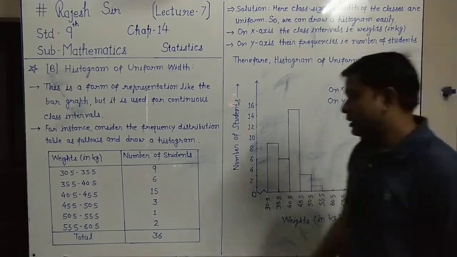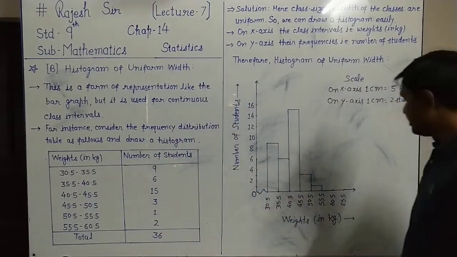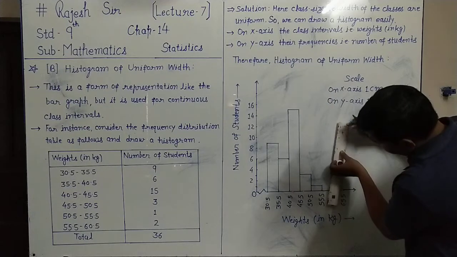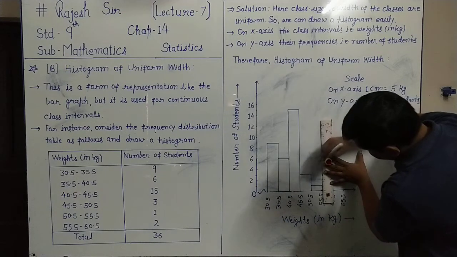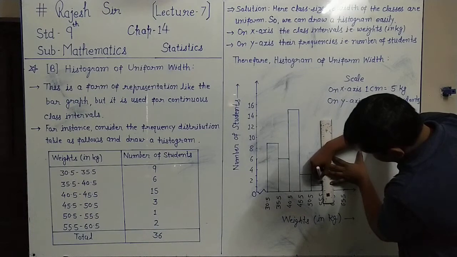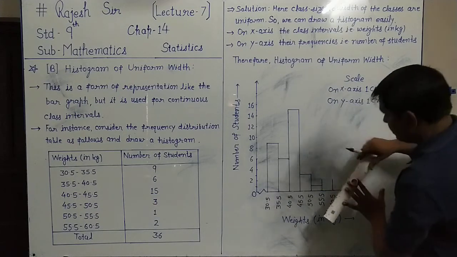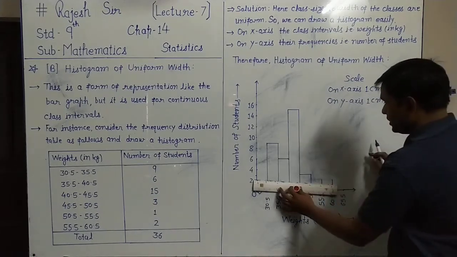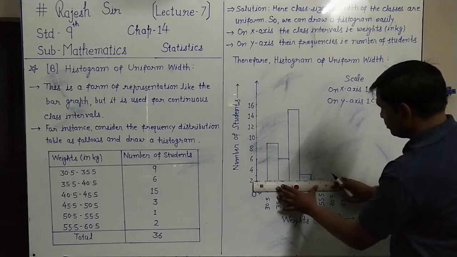Then 55.5 to 60.5 kilogram having weights at number of 2 students. So its height must be 2. So its height is 2 now we will show. Up to 2. Here 2 is here. You can see the level, height level is 2.